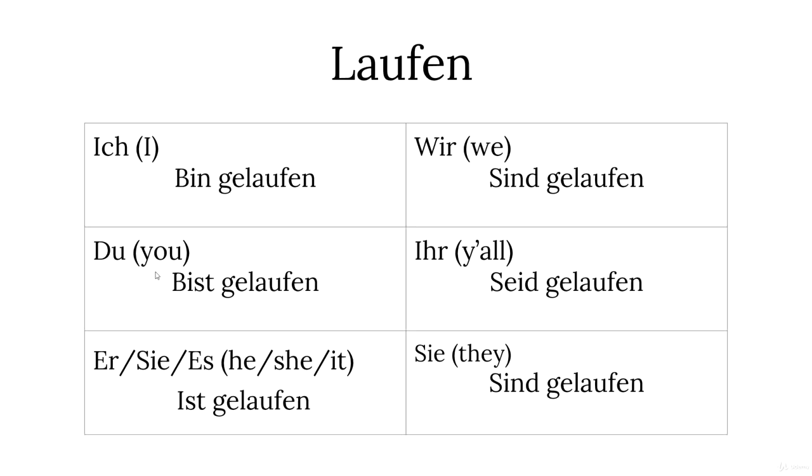He, she, it ran. Wir sind gelaufen. We ran. Ihr seid gelaufen. You ran. And sie sind gelaufen. They ran.